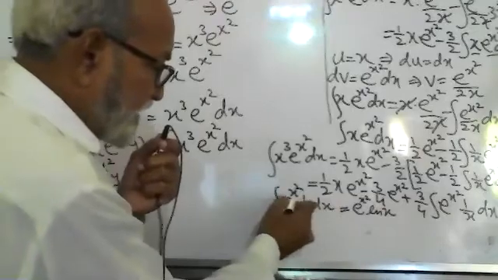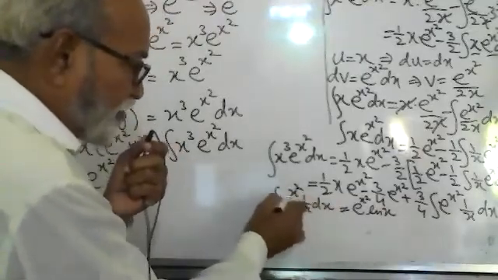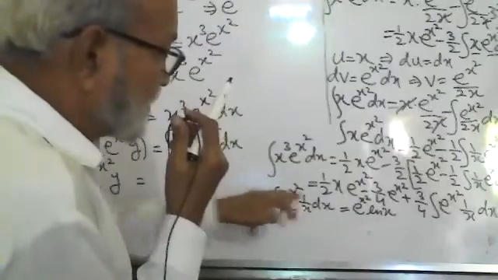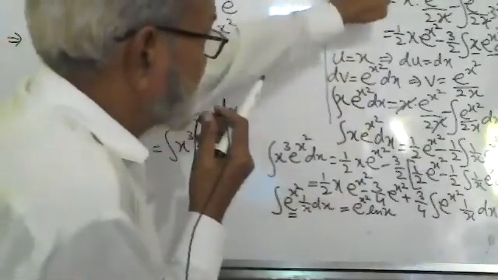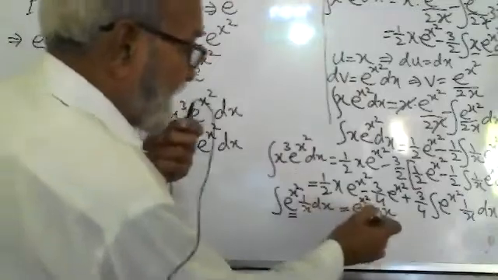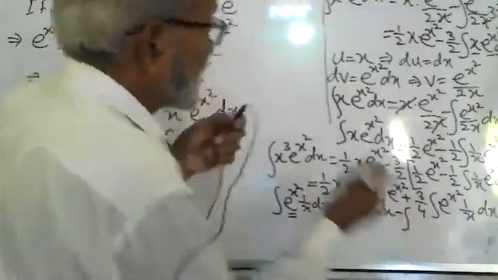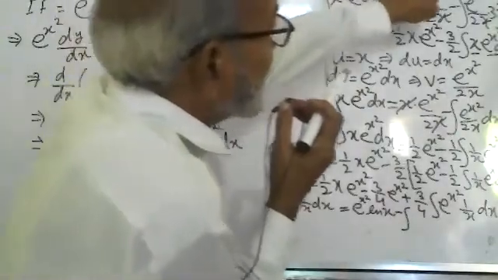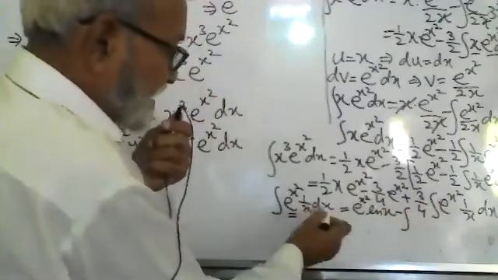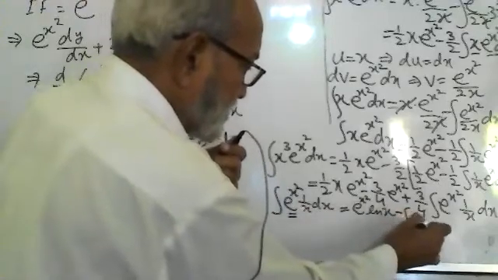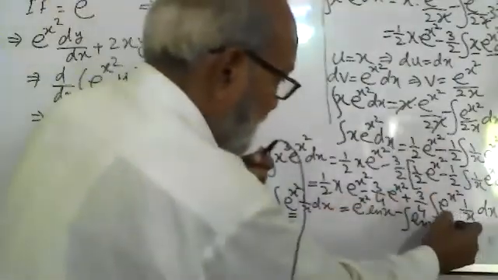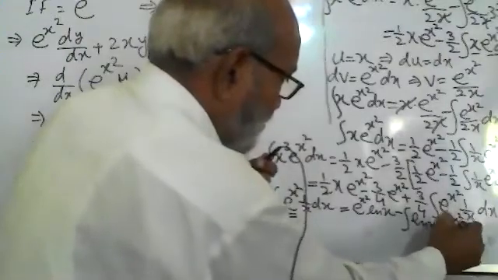If I consider this as u, it will become e raised to power x square, u as it is, into dv integrated, so that will be v, which is ln x, minus integral of v again, ln x, into the derivative of e raised to power x square, which will become e raised to power x square upon 2x.